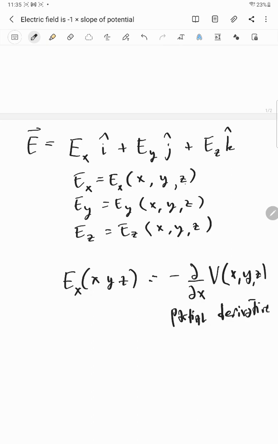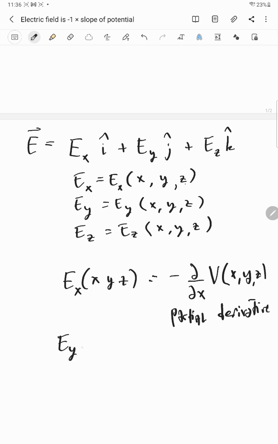So this is an important difference compared to what we understand as a normal derivative. I'm going to just mention that it's a partial derivative and ask you to do your own research on why it's important that I say that it's a partial. But I'll just move on.